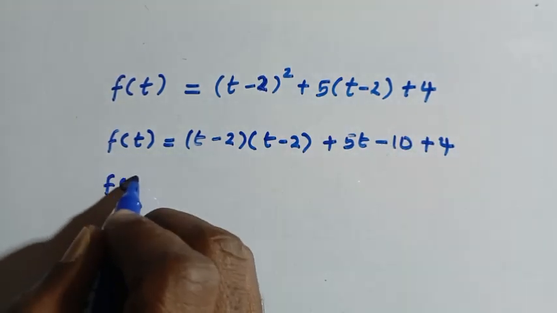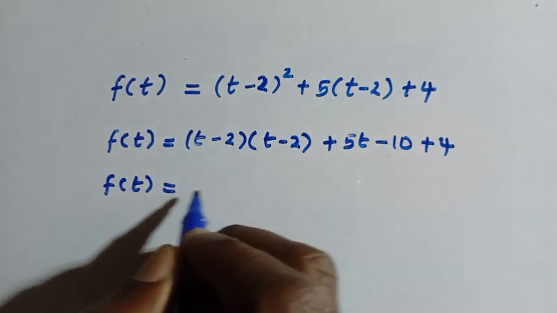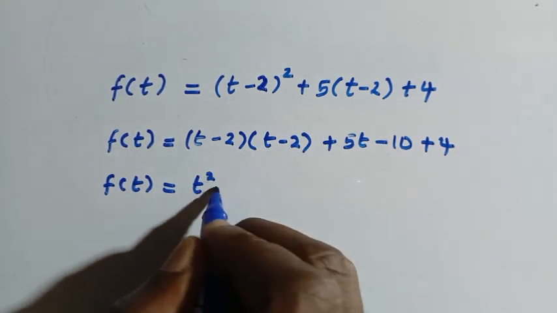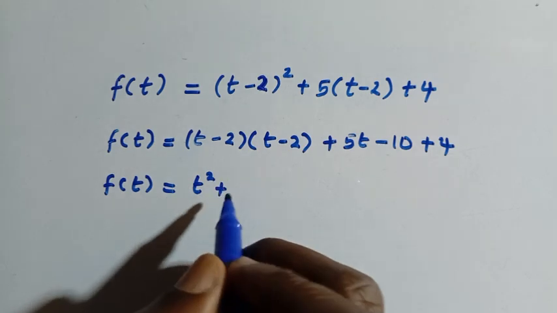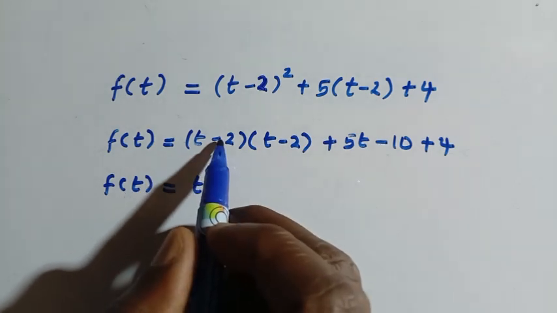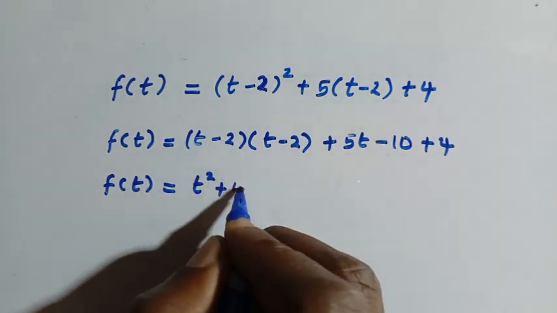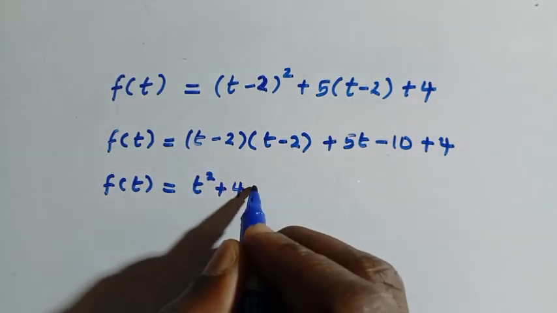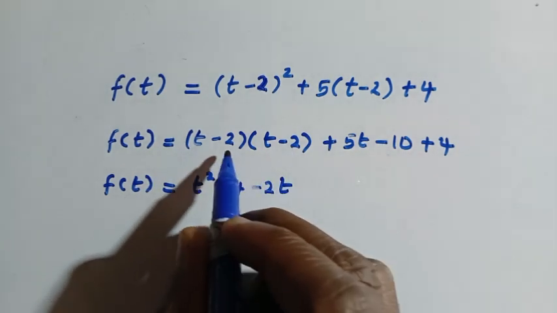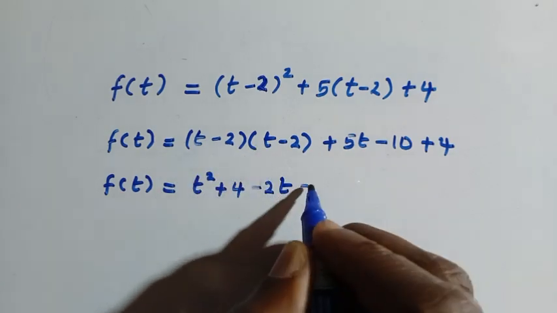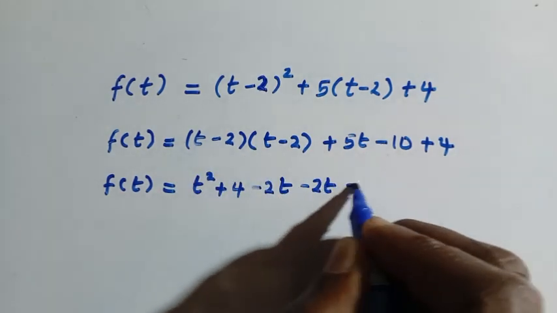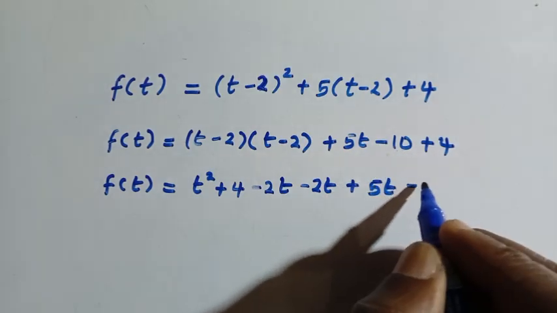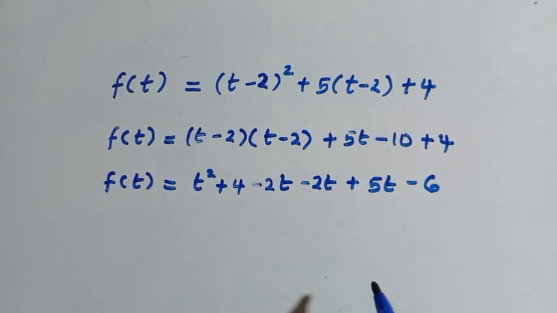Then we have f(t) equals t multiplied by t, that is t squared, plus minus 2 multiplied by minus 2, that is 4. Also t multiplied by minus 2 is minus 2t, and minus 2 multiplied by t is minus 2t, plus 5t minus 10 plus 4, that is minus 6.